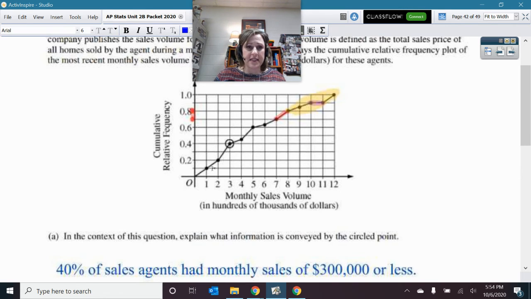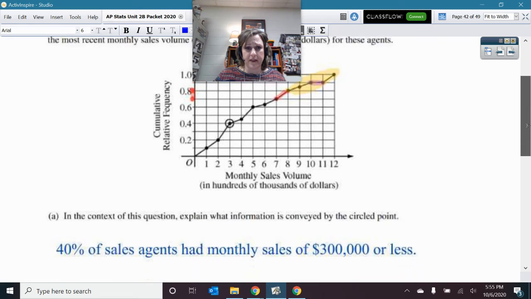And that means Y% of the items had X amount or less. So that's 40% of the sales agents had monthly sales of $300,000 or less. Okay. Units, context. You had to read and understand what this problem was about.